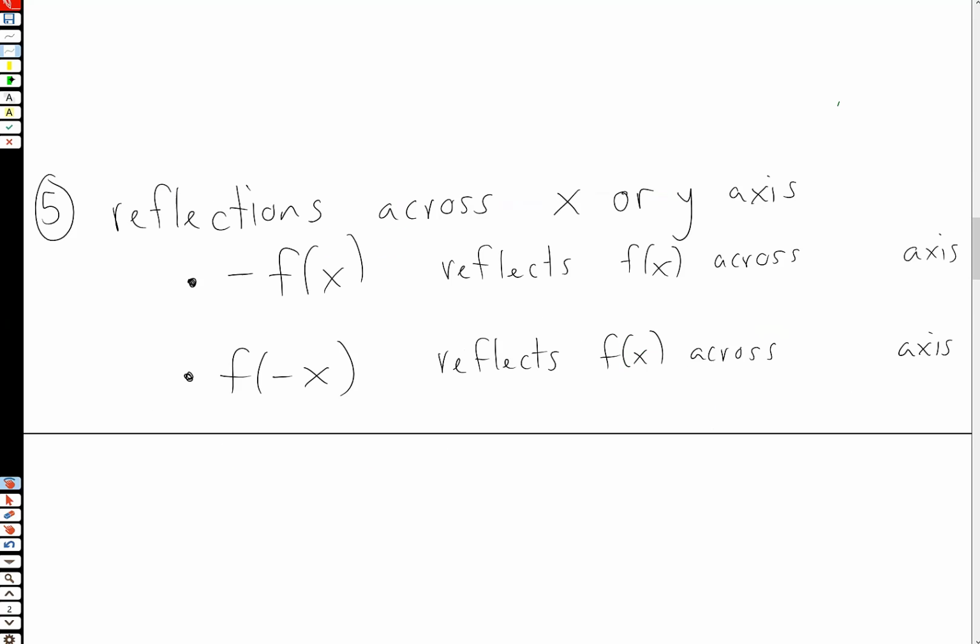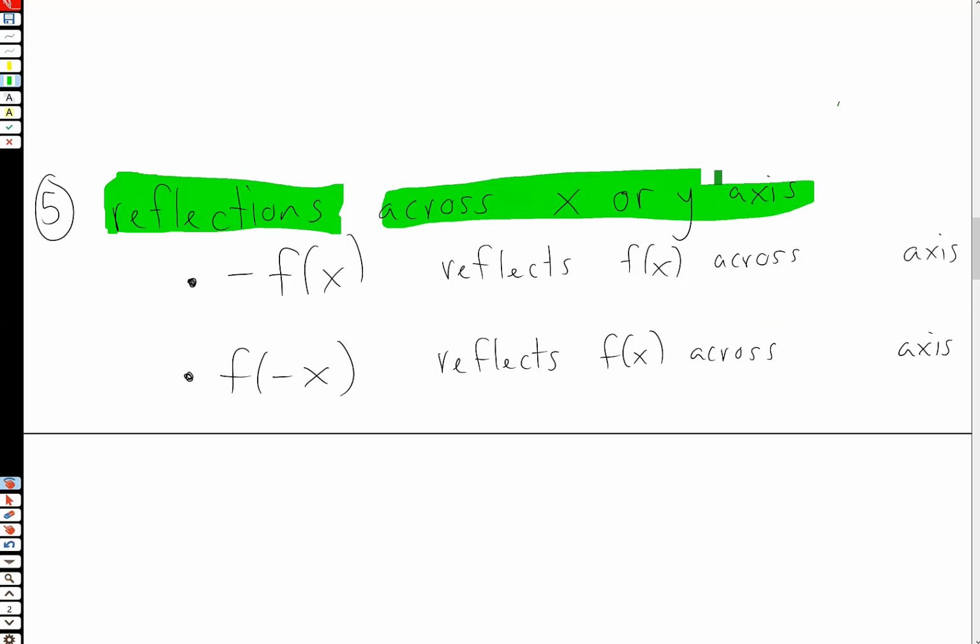And lastly, we have what we call the reflections. The two types of reflections we're going to talk about are a reflection across the x-axis or the y-axis. The way you reflect a function across an axis is you multiply by a -1.